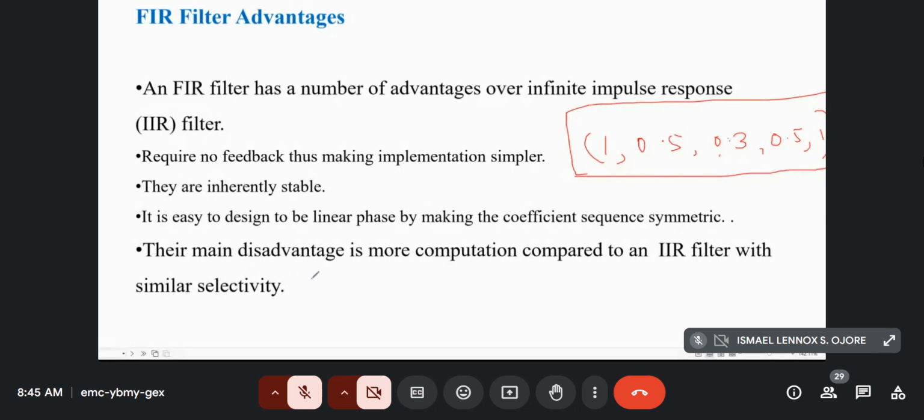So the main disadvantage is that there is more computation. And I think we saw yesterday with a simple filter that considers the last n samples, where the output is the last n samples of x of n.